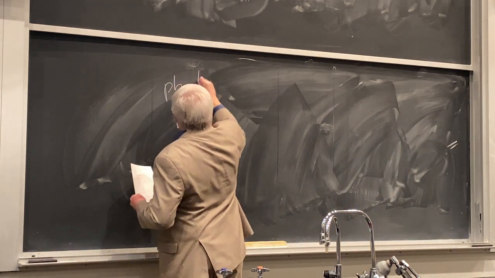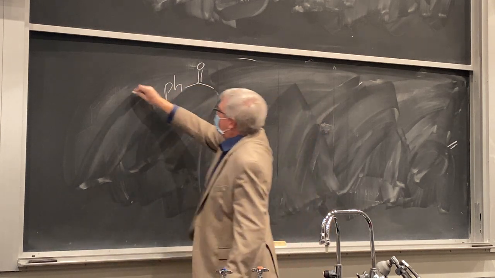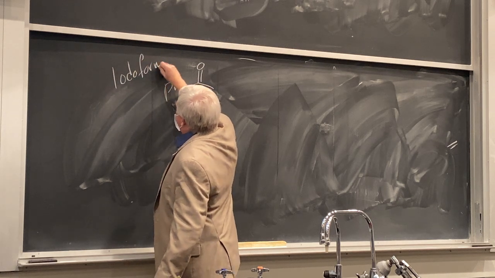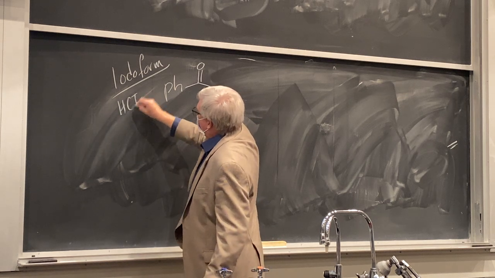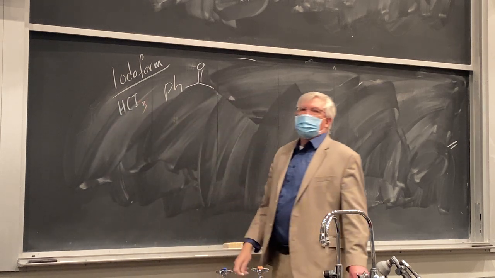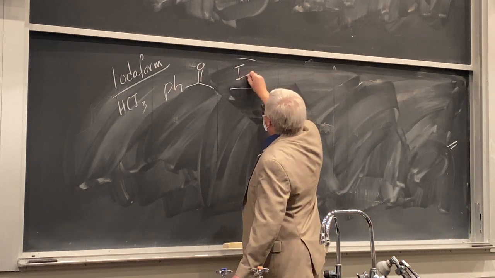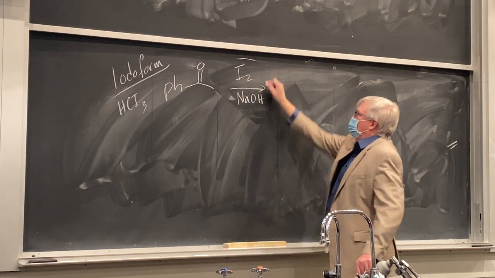It's typically done with iodide. Let's do this one, which is methyl ketone, iodoform. Iodoform is this molecule, triiodomethane. So we have excess iodide, basic conditions, okay?